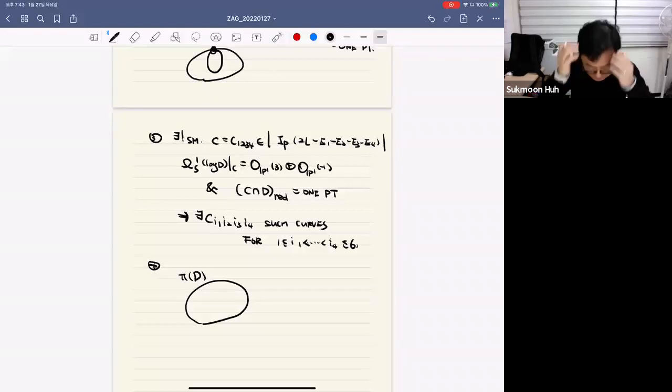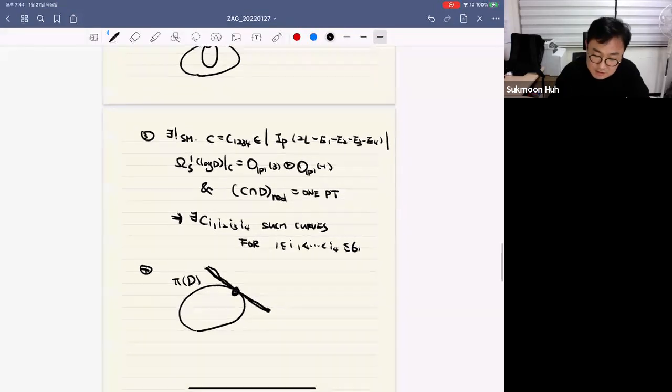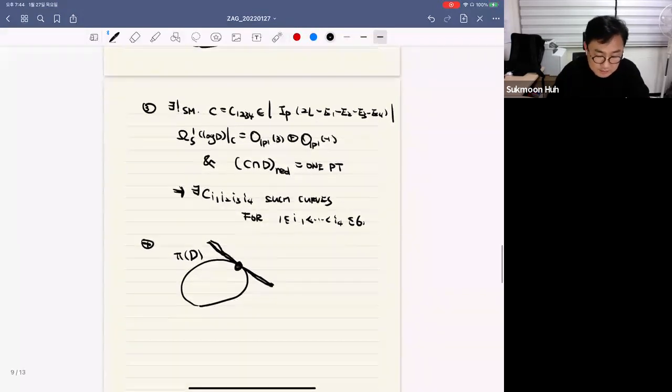And then the family of conics which intersect this conic at only 1 point with multiplicity 4 is parametrized as follows. That is given by considering a point in this conic and the line with multiplicity 2, and then you consider the pencil spanned by this conic and this double line. That's all the possibilities for the conic whose intersection with this conic pi D is just 1 point with multiplicity 4.